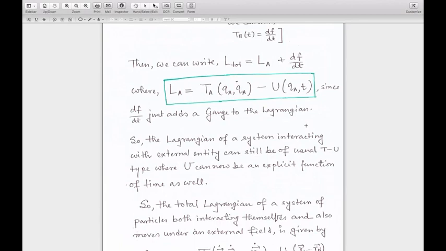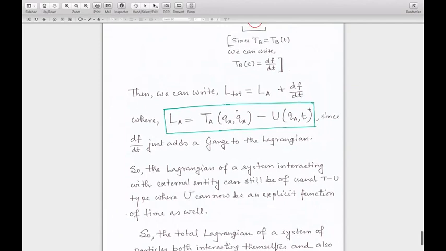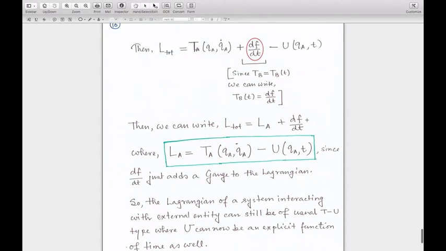Now the external effect here is designed by virtue of the system B. The only difference from the normal T minus U is that here the U contains t, and that t is coming as the reminiscence of QB, which is now written in terms of t.